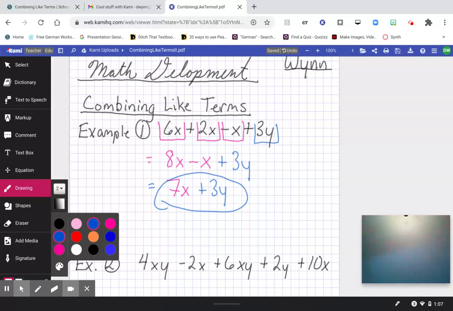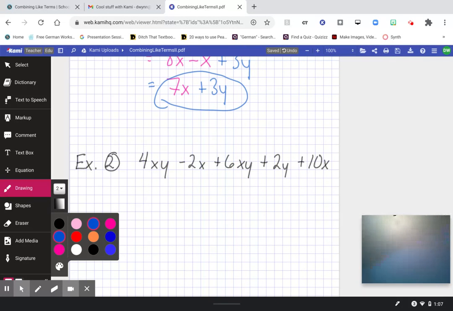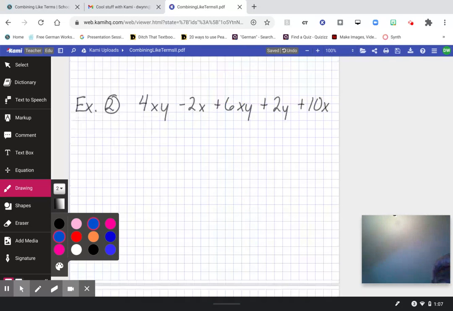Example number 2. Let's do the same thing with brackets. We'll divide this problem up so that we can more easily see the like terms. So we have 4xy minus 2x. Are 2x and 4xy like terms? No, they're not, because we have an xy and we have an x.